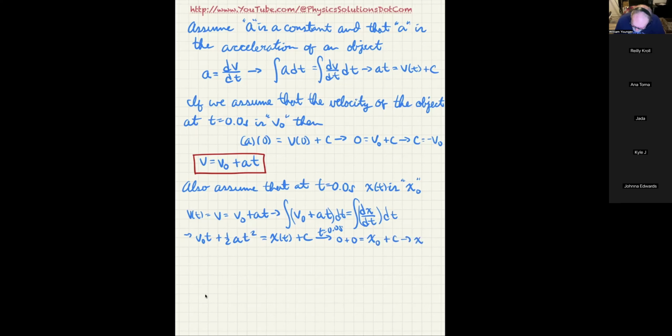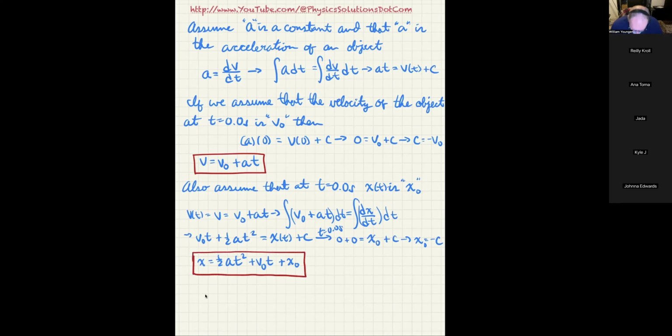So that means x0 is equal to negative c. And therefore, we can now say x is equal to 1 half a t squared plus v0t. And remember, the negative c was on the side with x. So when it comes over to here, it'll be the positive c. So it's positive x0. This is the next kinematic equation.